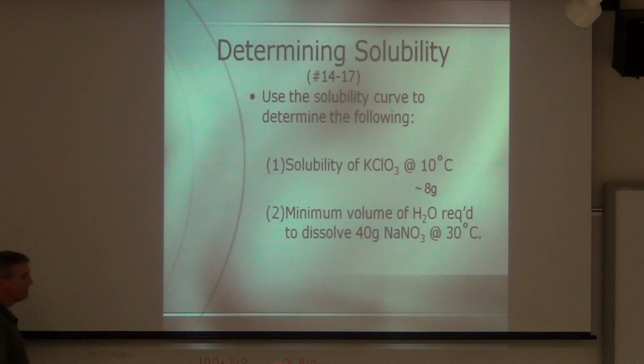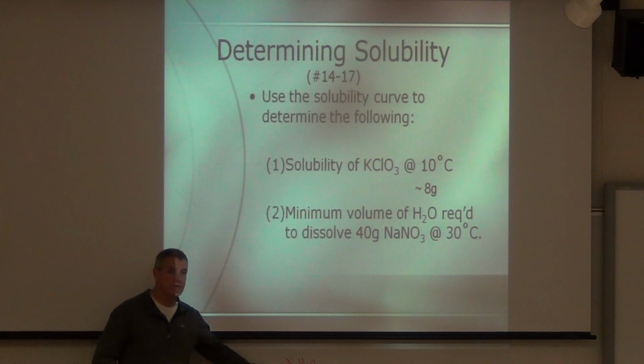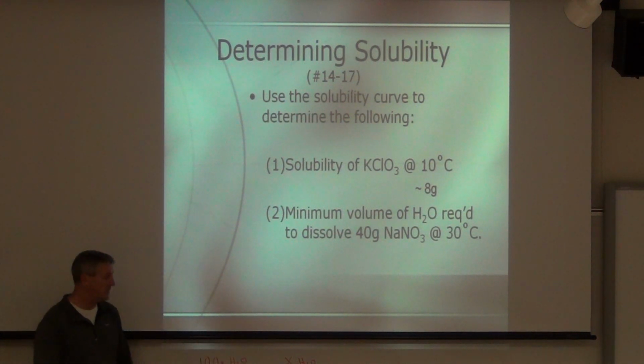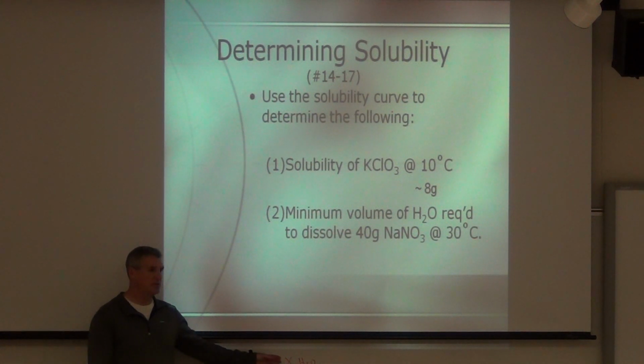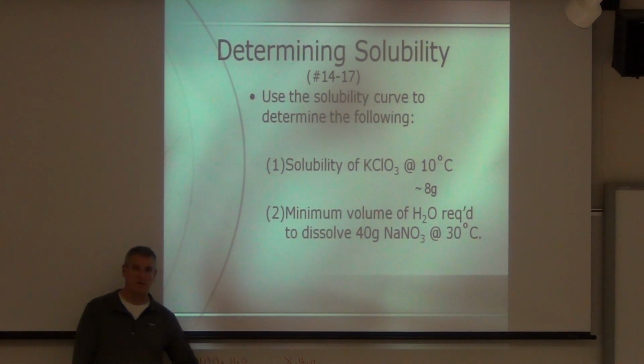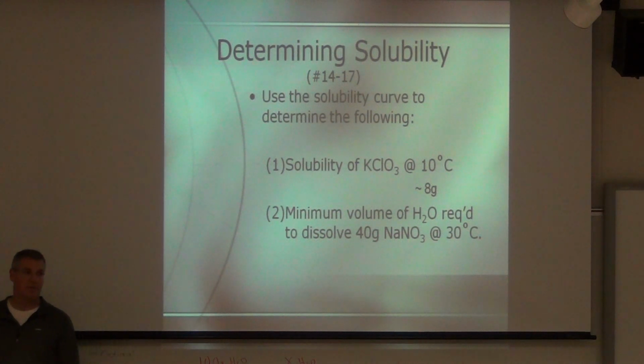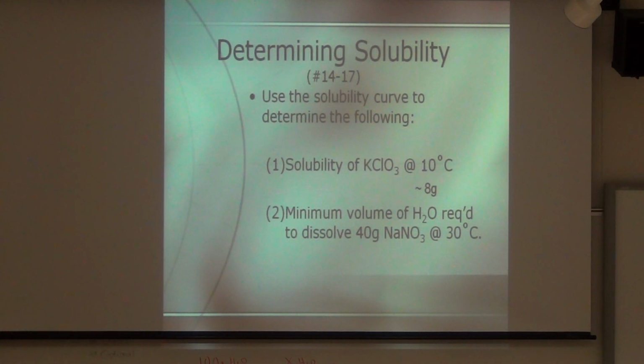For an unknown volume of water, we can dissolve 40 grams. So we set up a ratio: 100 over 95 is the same as X over 40. Multiply both sides by 40, divide by 95, and you should get about 42 mL.